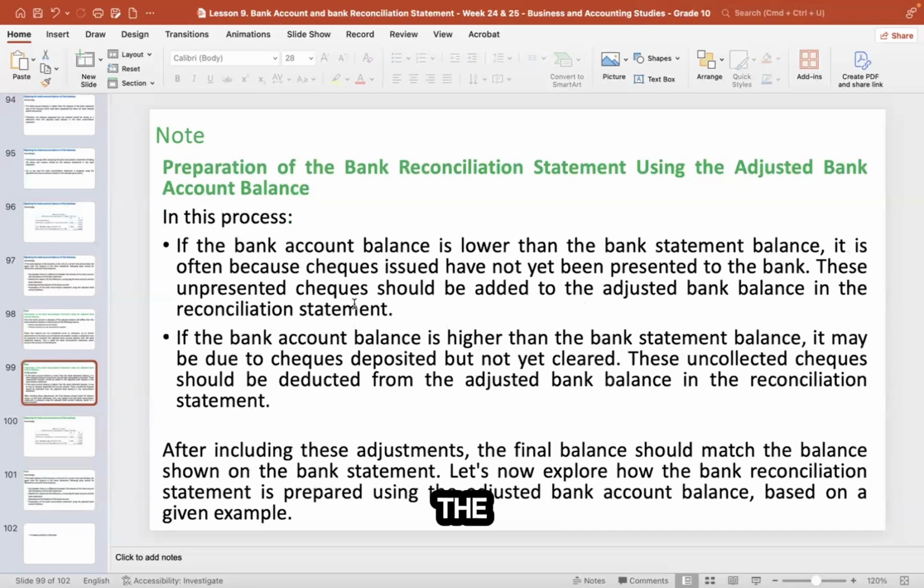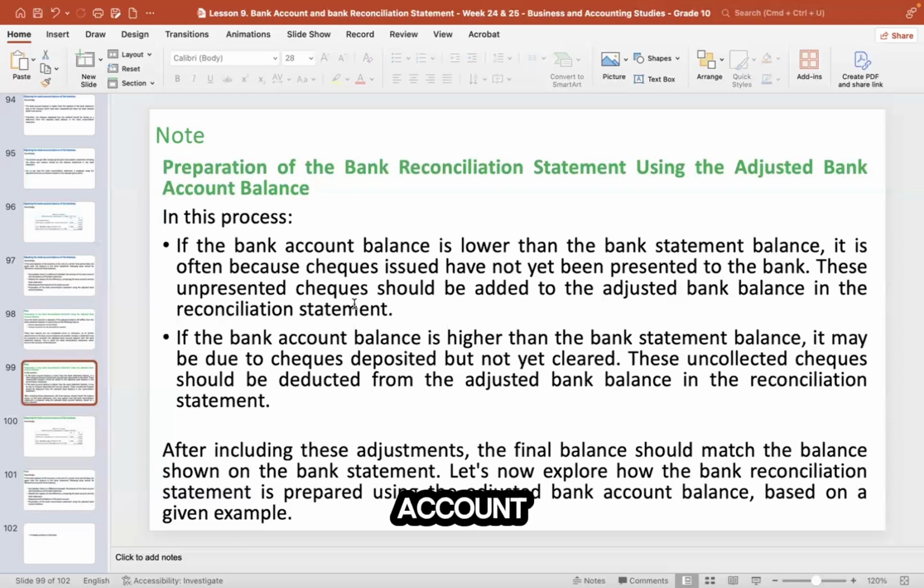Preparation of the bank reconciliation statement. Okay, in this process, if the bank account balance is lower than the bank statement balance, it is often because checks issued have not yet been presented to the bank. These unpresented checks should be added to the adjusted bank balance in the reconciliation statement.